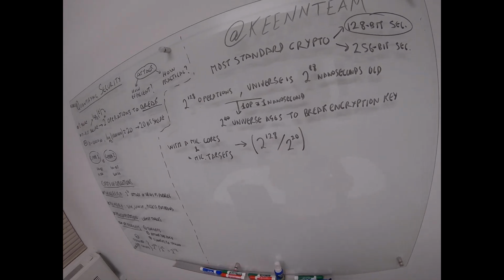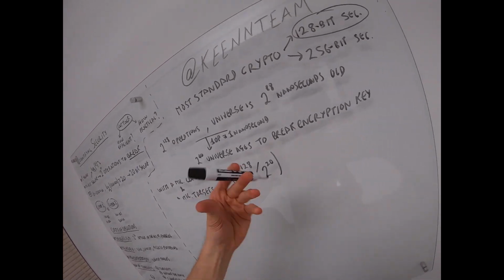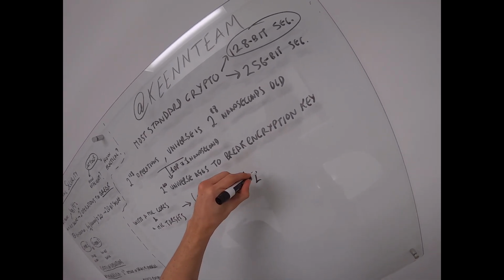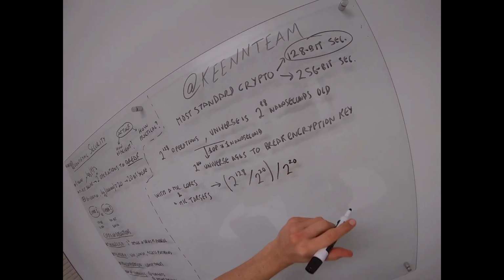So it's reduced by 2 to the 20, and we have 1,000,000 targets, so again divided by 2 to the 20.